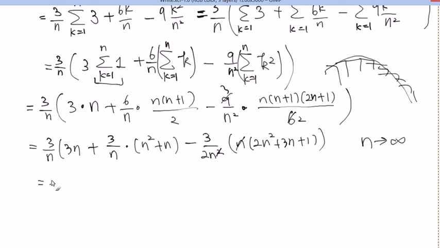So you have 3n. Just do it. 3n plus 3n. If you distribute that, you have 3 divided by n, right? No, just 3n again. n and n cancel, a 3n. And this is just 3, right? n and n cancel. Minus 3 over 2n.